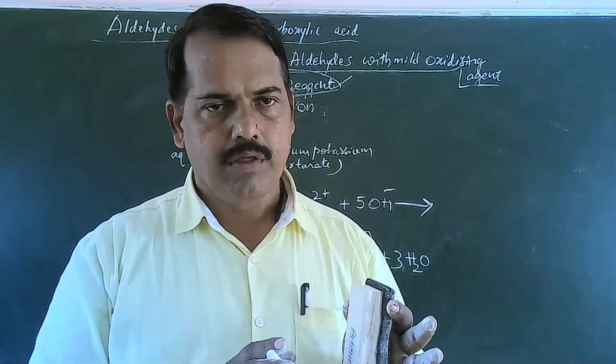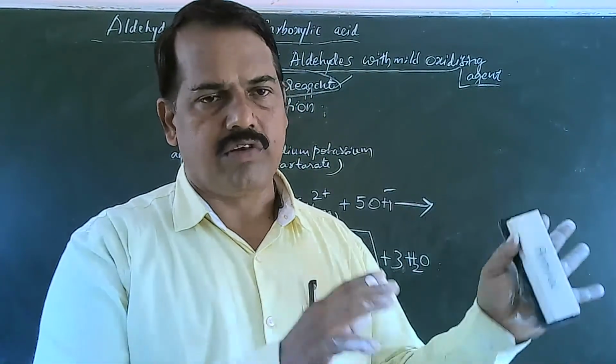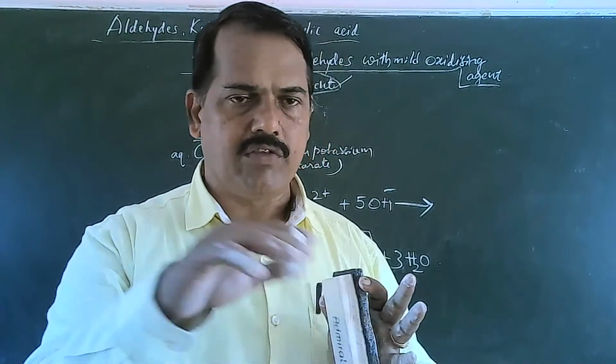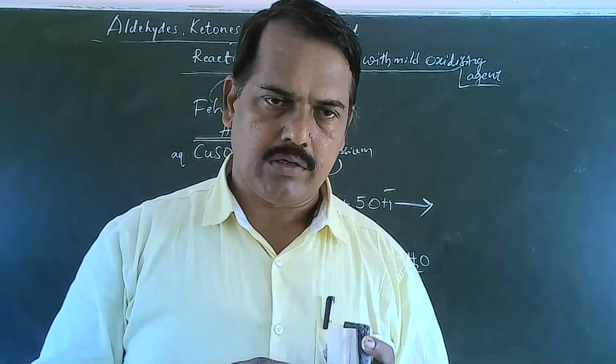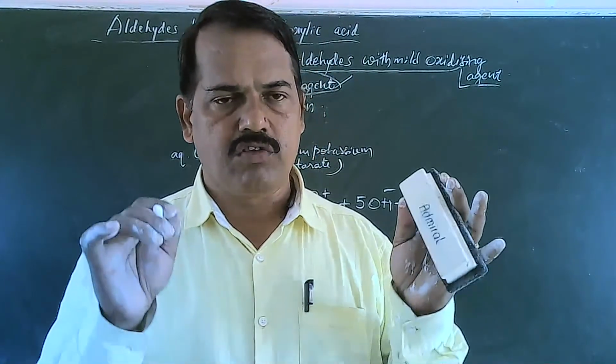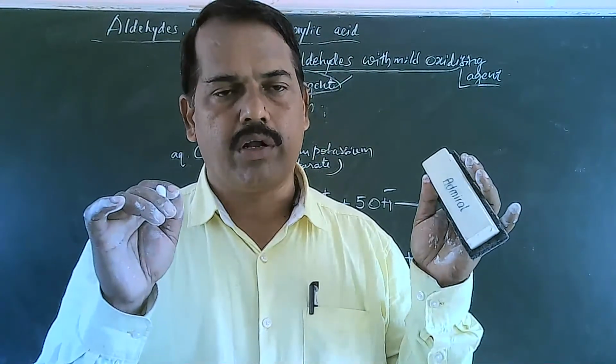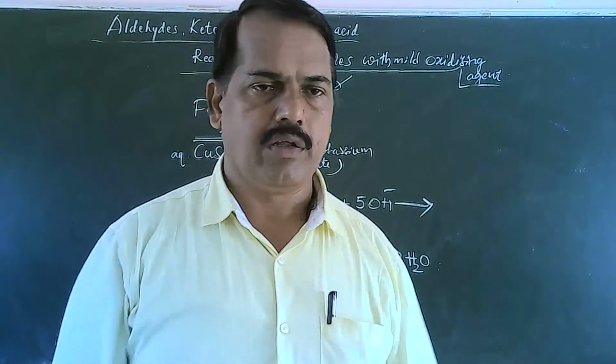That mixture is used as an oxidizing agent when aldehyde is oxidized to carboxylate ion, and a reddish brown precipitate is formed. So these are the two important tests for aldehyde.